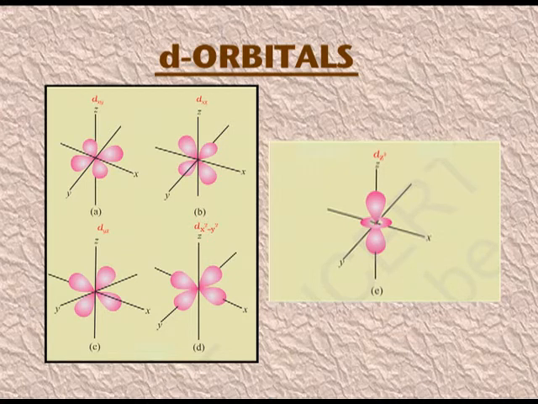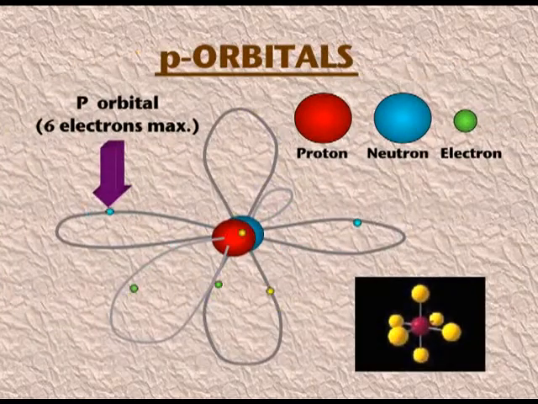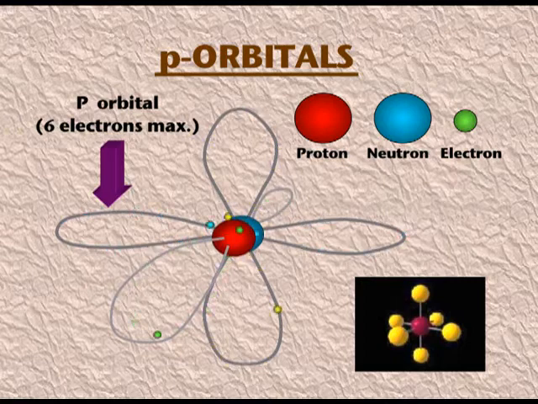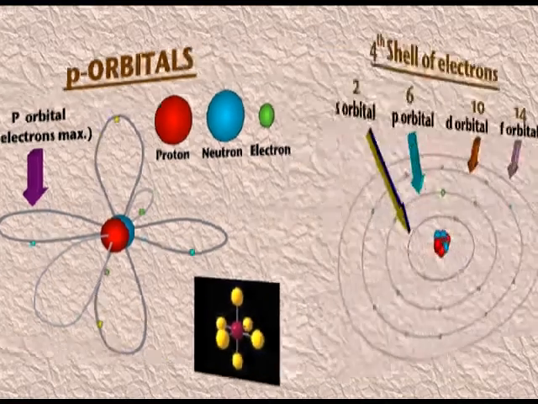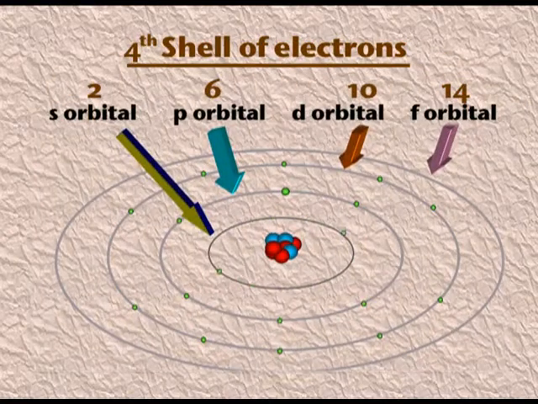Specifically in dz square, you can see that it is just like the p orbital, but in the center there is a donut. Here all the 3 p orbitals px, py and pz are represented together, and you can see the movement of electrons. Here you can see the orbits and the orbitals.